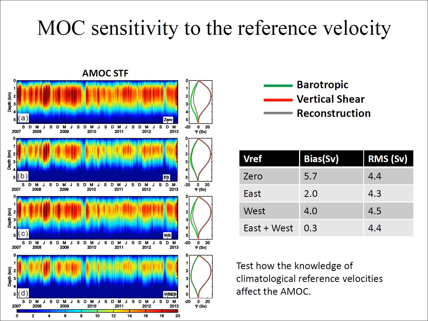One way to try to simulate it: we can't go all the way to the model resolution to sample the model velocity. That would be unrealistic. What I tried to do here is compare what if we had a climatological estimate of the barotropic component, or the velocity at a certain depth.